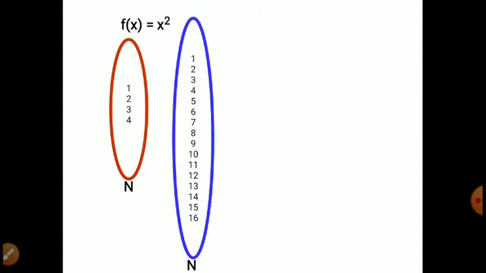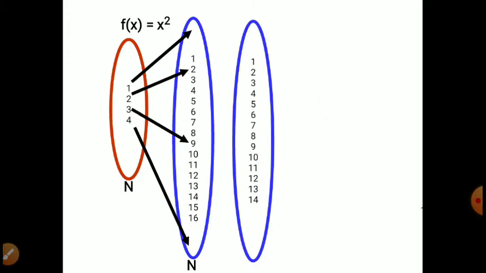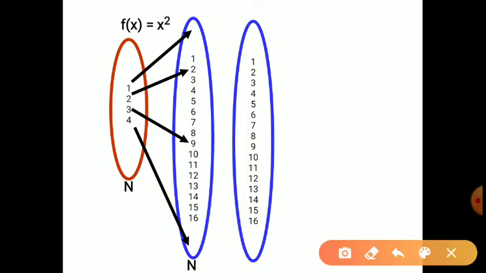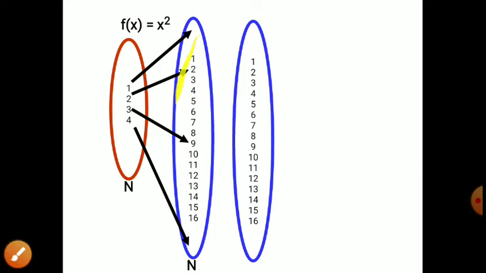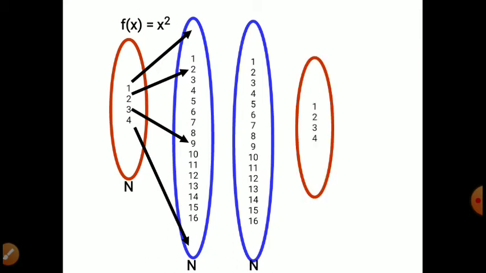f of x is equal to x square is given from the natural numbers to the real numbers, and as an example, if you see this, this function is a one-one function but not an onto function. Why? Because not all the elements of the codomain have pre-images, that's why it is not an onto function.